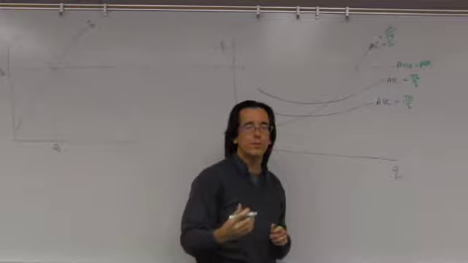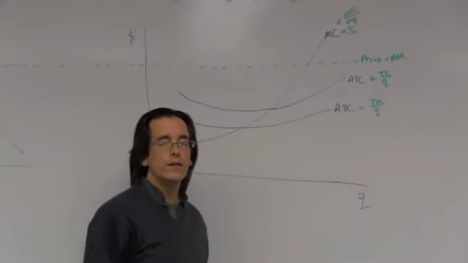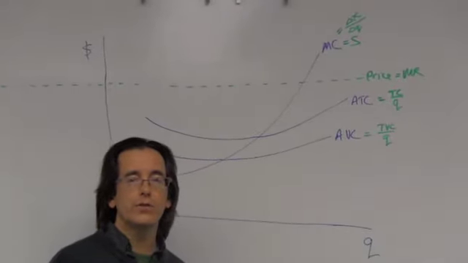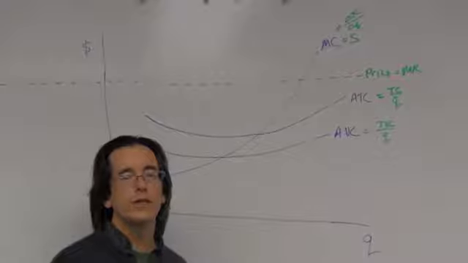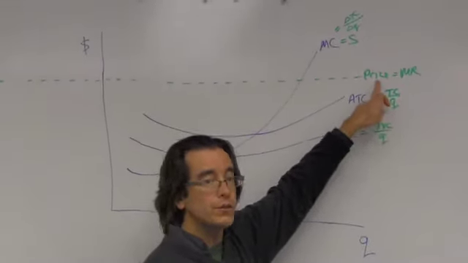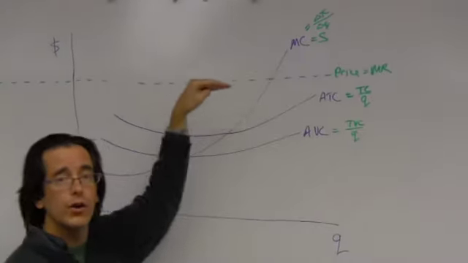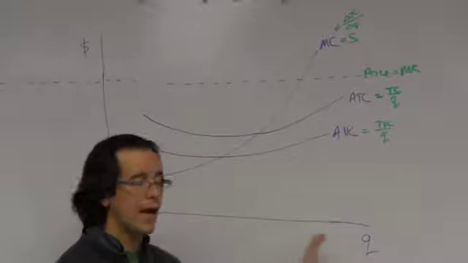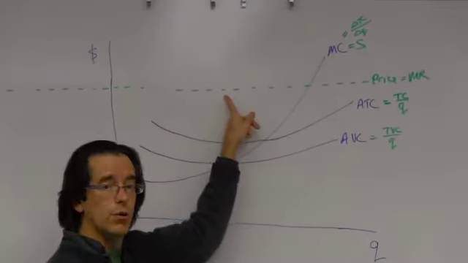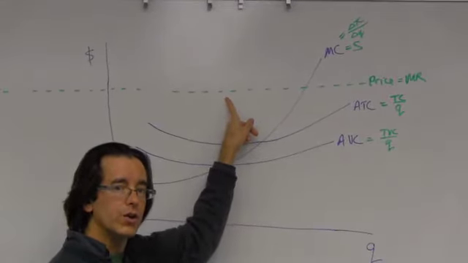Marginal revenue is simply, if you increase your sales by 1 unit, how much money do you get back? Anytime an individual firm produces 1 more unit and sells it, it simply gets the market price. So this marginal revenue is simply a horizontal line, because regardless of how much the individual firm produces, it will always get the market price. It can't get a higher price on its own.